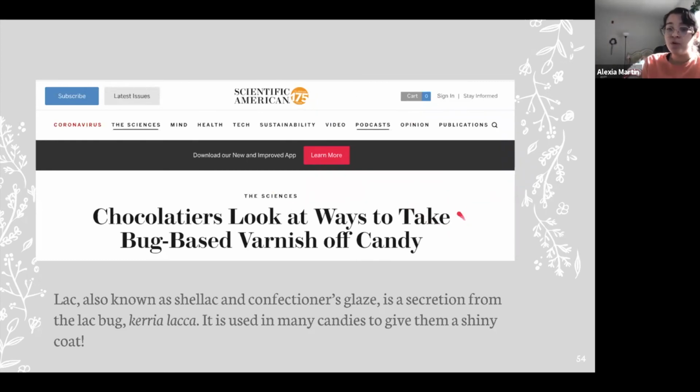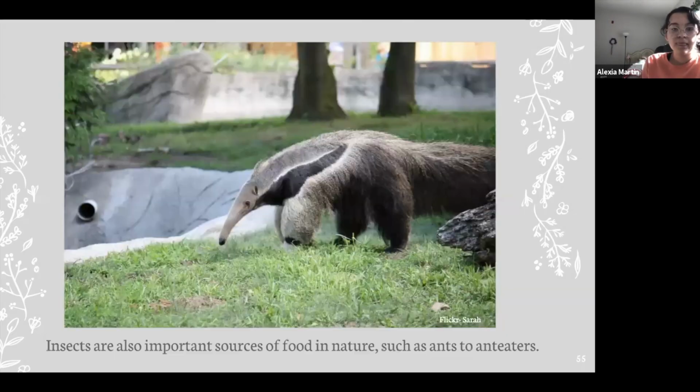A lot of people don't know this, but lac, which is also known as shellac and confectioner's glaze, is a secretion from the lac bug, and it's actually used in many candies to give them a shiny coating. And also, obviously, animals like anteaters use insects as food sources.